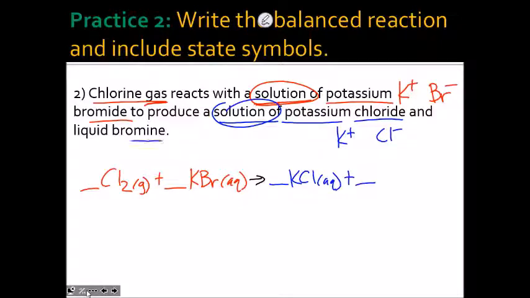Now for the last part, bromine liquid. What do we got going on there? How do we write that? Bromine by itself is just an element, but we should always ask ourselves, is bromine one of those diatomics?